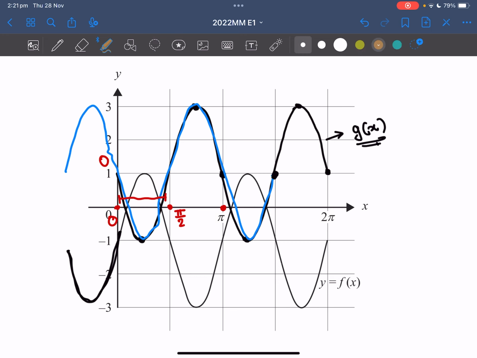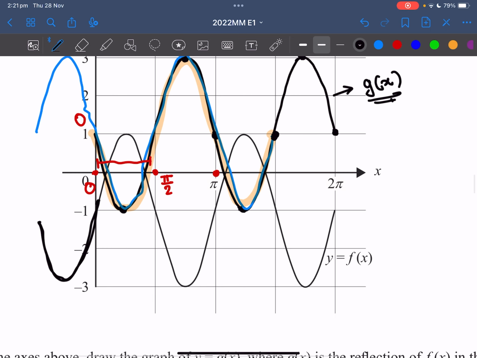Because now if we do not include this part over here of g of x, then we are fine, right? Because it perfectly overlaps, as you can see here. And what is the distance from this point all the way to here? That's simply going to be pi on 2, because as we calculated, it's pi on 2.